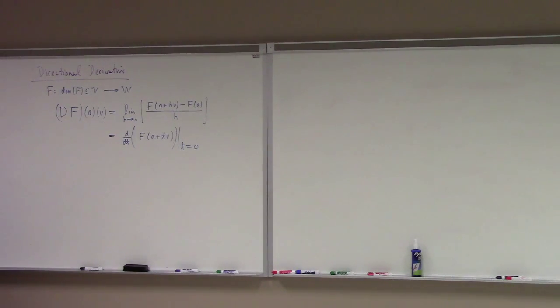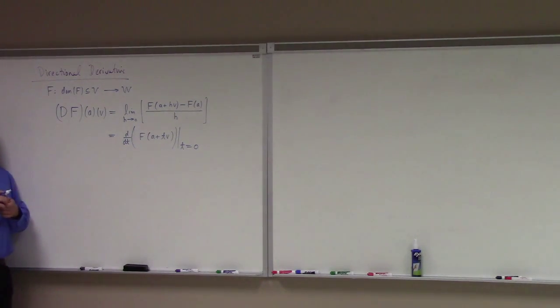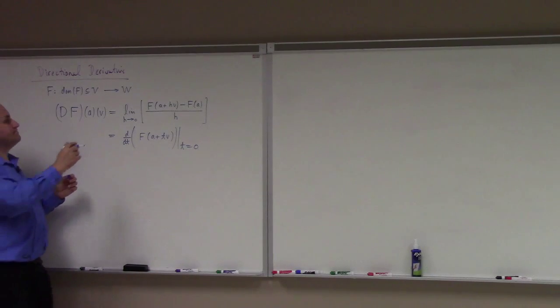Although that kind of begs the question, how do you differentiate with respect to time f of A plus tV? I mean, f of A plus tV is in the space W, which is an abstract vector space for us at the moment, all right?